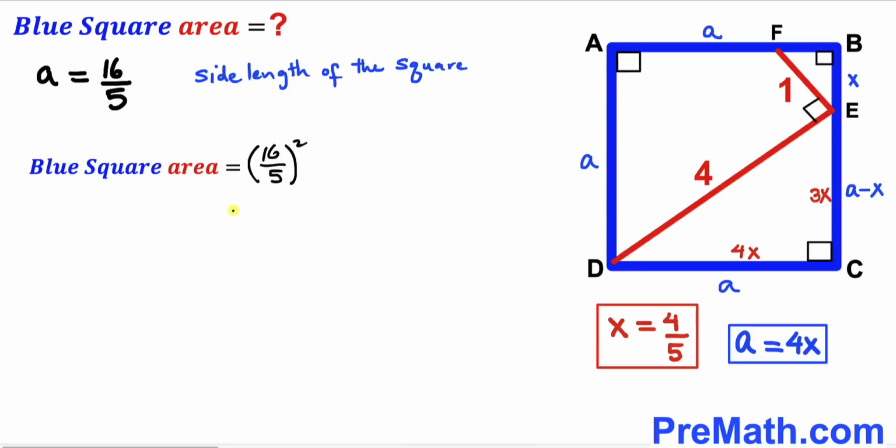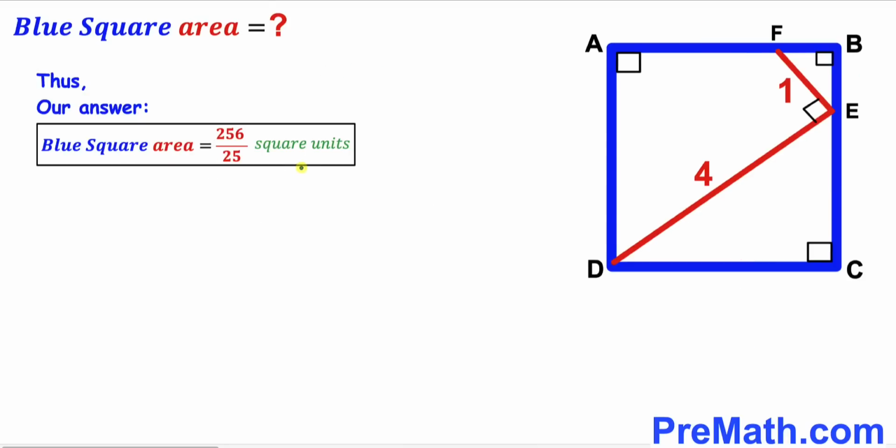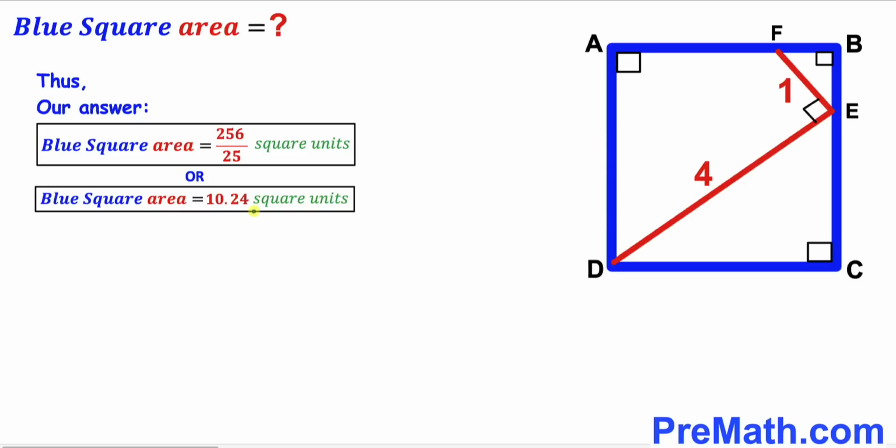If we simplify, that gives us 256 divided by 25 square units. So after all the calculations and manipulations, the area of this blue square ABCD turns out to be 256 divided by 25 square units. In terms of decimals, that is equal to 10.24 square units as well. And that's our final answer.